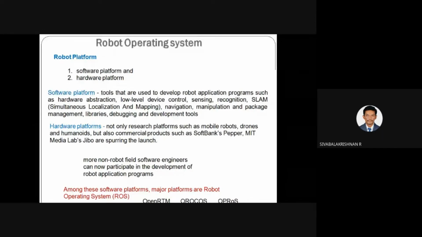It is mainly helpful for providing features like hardware abstraction, low-level device control, sensing and recognition, SLAM algorithm for mobile robot navigation, and package management. A robot operating system mainly uses a variety of packages, which are used for developing a robotic application.